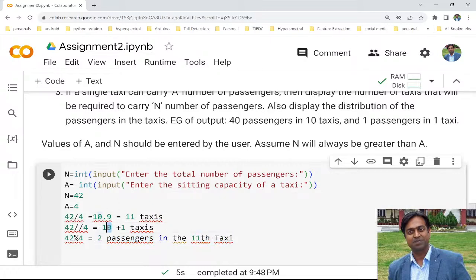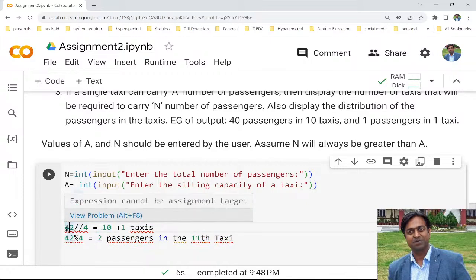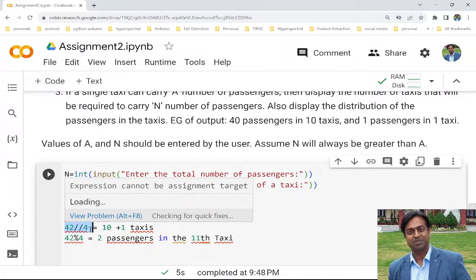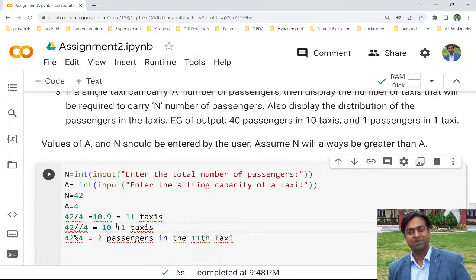So whatever result we get after the truncating division will be the taxis which are full with passengers, and +1 will give us the remaining taxi, right?